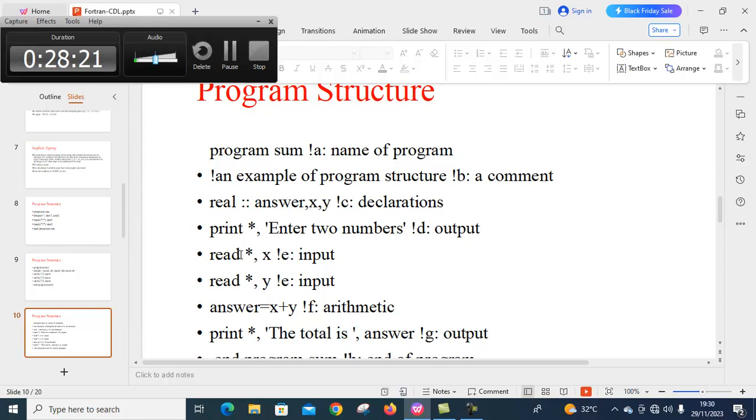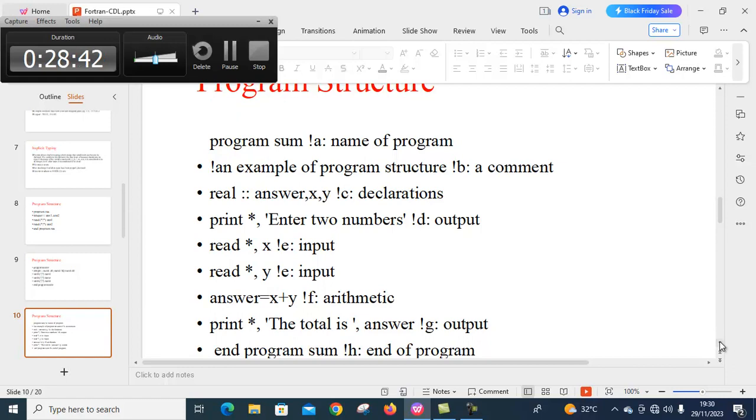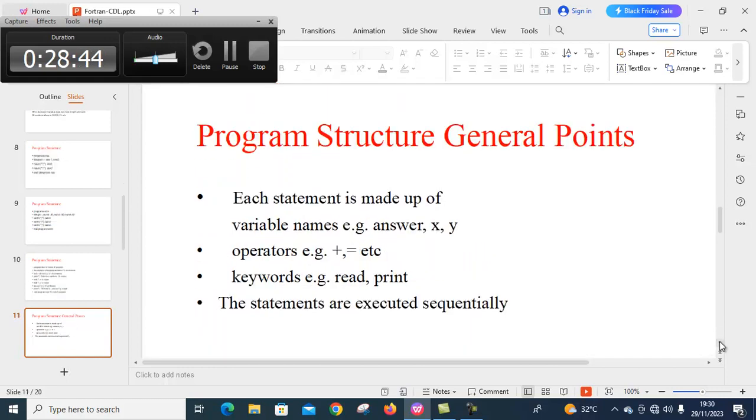The next one here is read. That is used to read from standard input or from a file. Let's go to answer. Answer is equal to what? X plus Y. This is an arithmetic expression.